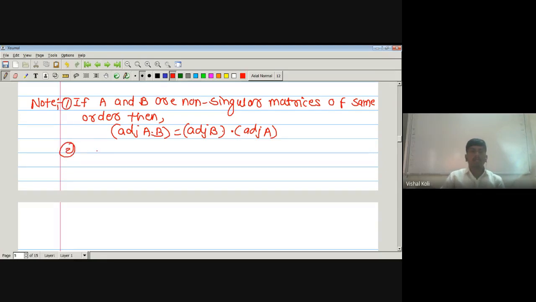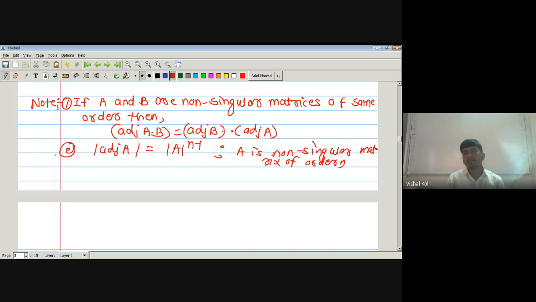Second one: determinant of adjoint of matrix A is nothing but determinant of A to the power n minus 1. That is, if A is a non-singular square matrix of order n, then determinant of adjoint of A is determinant of A to the power n minus 1.